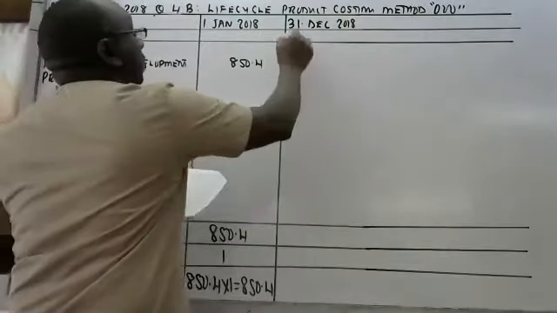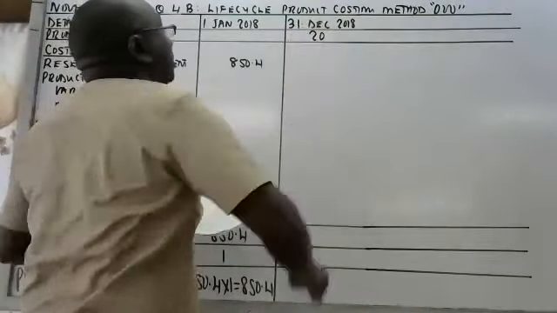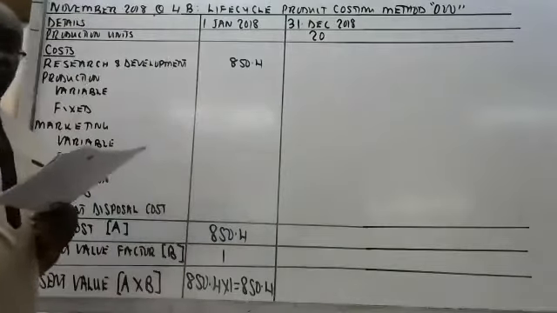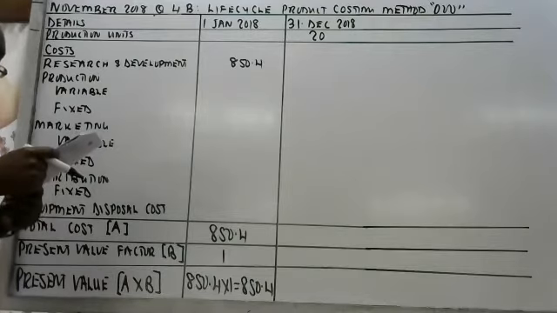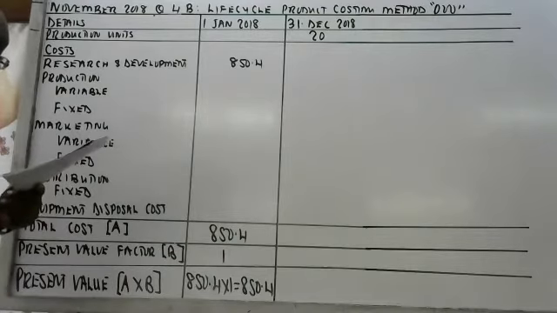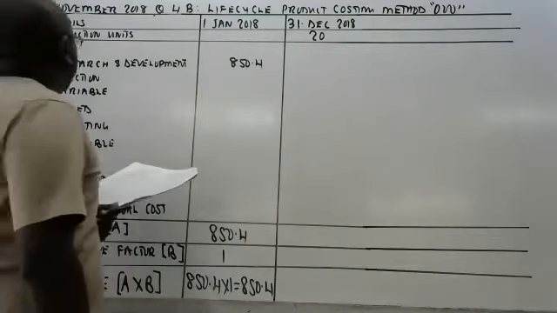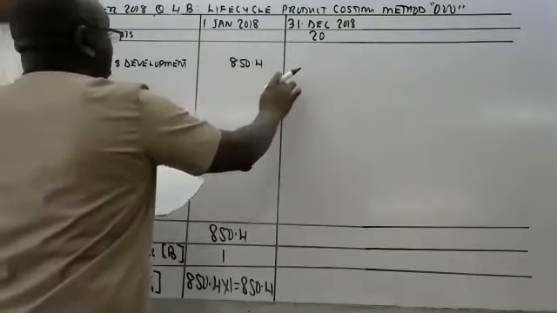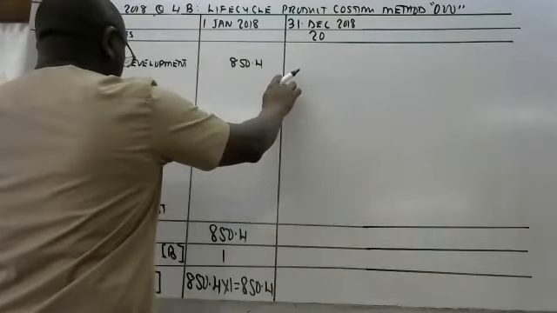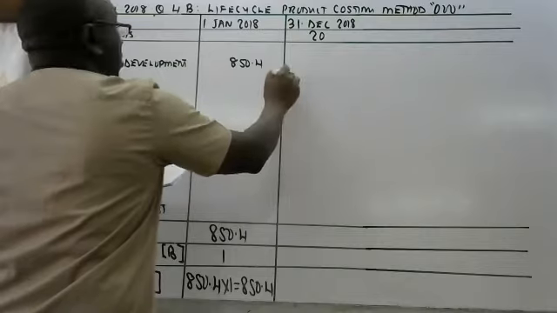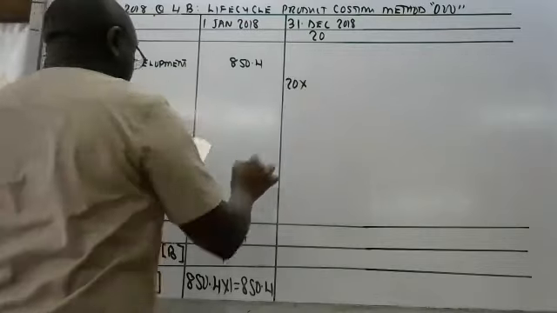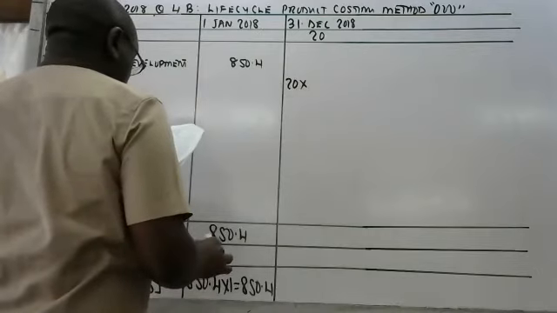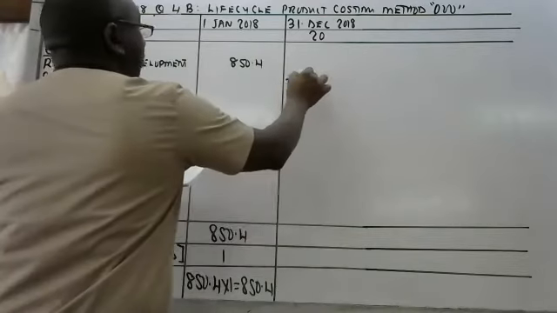The units that were produced are 20. There was some research of 200. But before I record that, let me record the variable so that I'm able to know how far it will go. In my column, I need to say 20 units times the variable cost of 100.